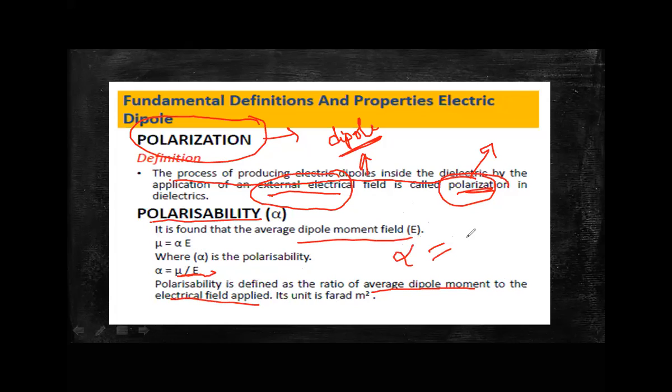So alpha is equal to dipole moment to the electric field. Mu is the dipole moment, which is defined as q into d. So polarizability is a ratio of the dipole moment to the electric field.